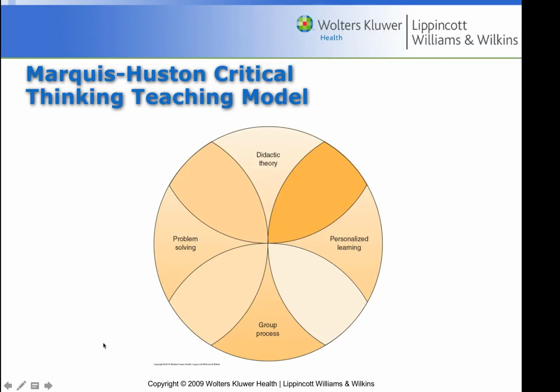This is the schematic of what your book is using to guide its development.